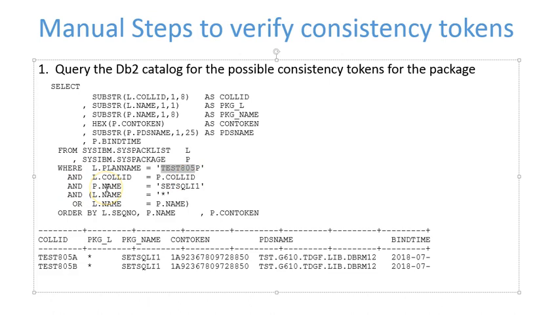And we know that the package name has to be SETSQLI1. And the list package name has to be either asterisk or the name in package, SETSQLI1. And then we have an order by sequence number. This order by puts them in the order DB2 would search the collections in SYSPACKLIST.